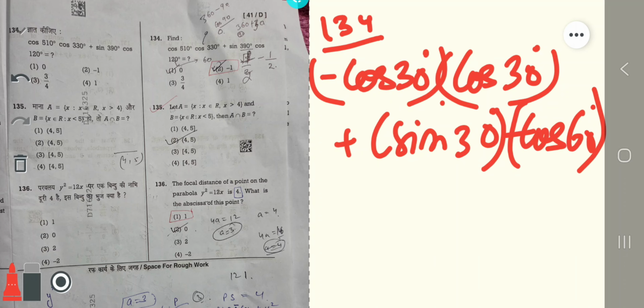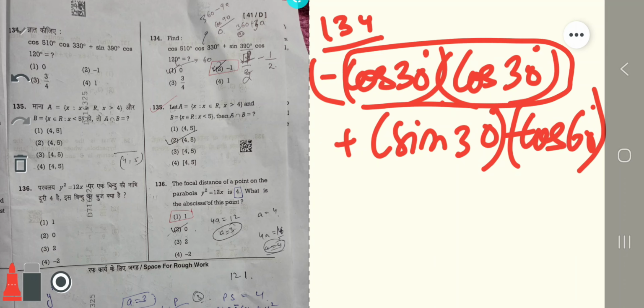So as I simplify this will be minus cos square 30 degree, and cos 30 degree is root 3 by 2, so it becomes minus 3 by 4, right. And this minus will come out, right.